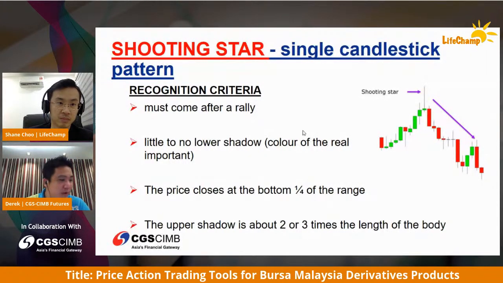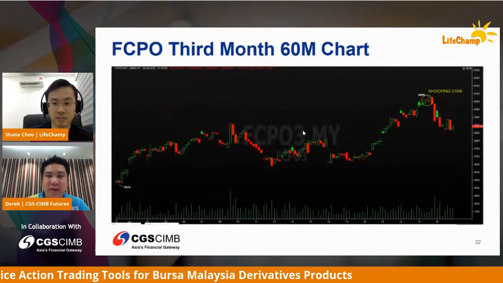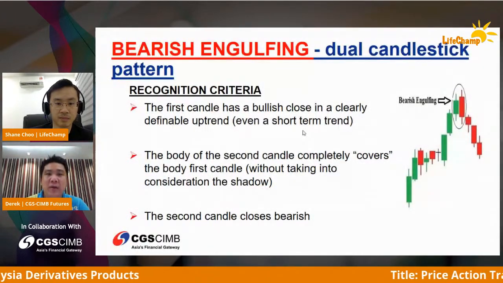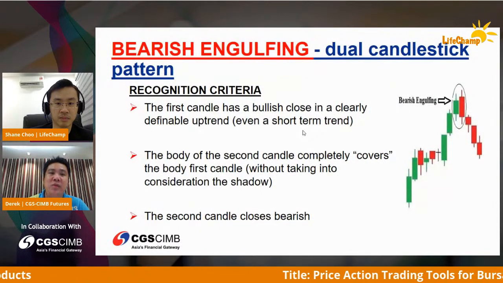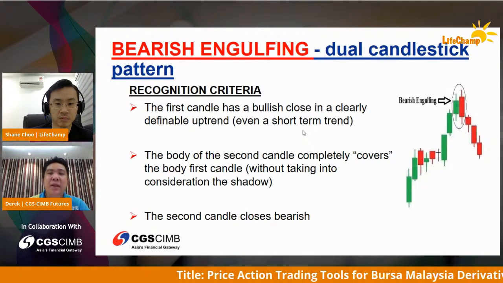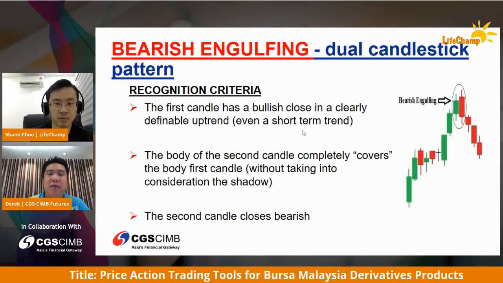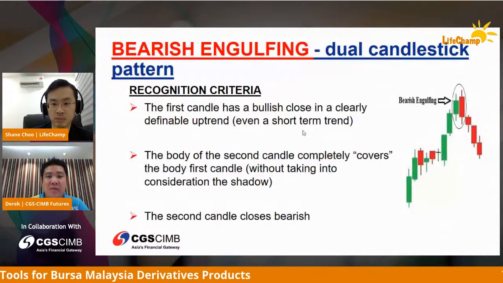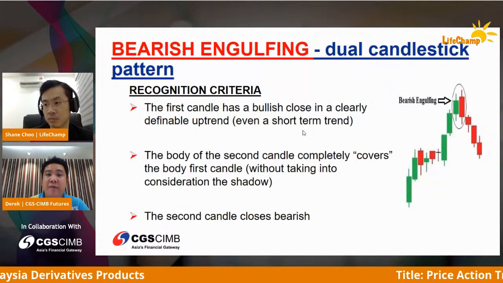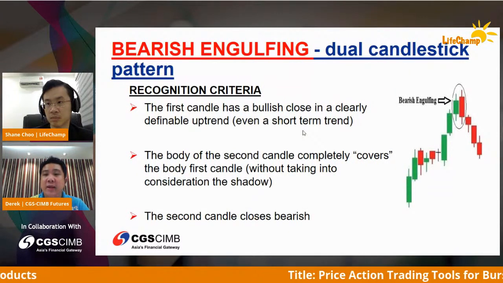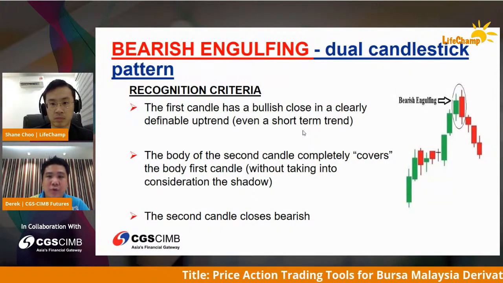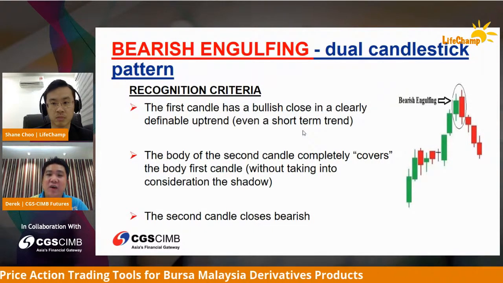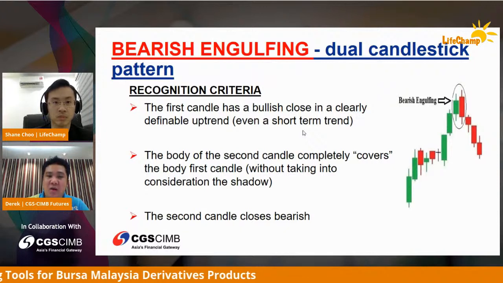Okay, so we move to the next one. The next one is the bearish engulfing candle. This is a dual candlestick pattern, but this one is a bearish one, meaning we plan to sell or close our long position. The first candle needs to have a bullish close because the buyers think that they are still in control. Then suddenly, the body of the second candle completely covers the body of the first candle.